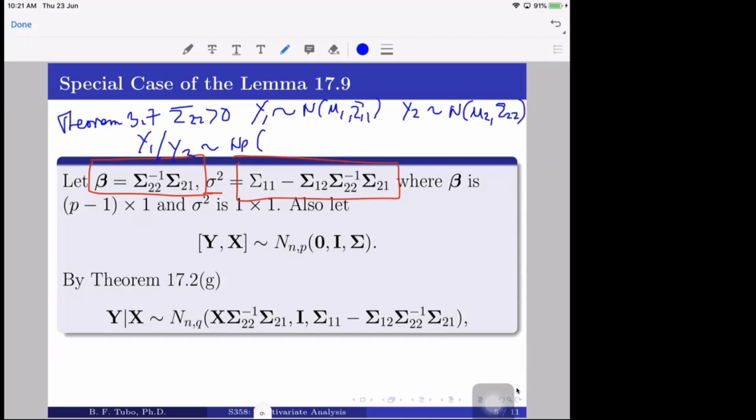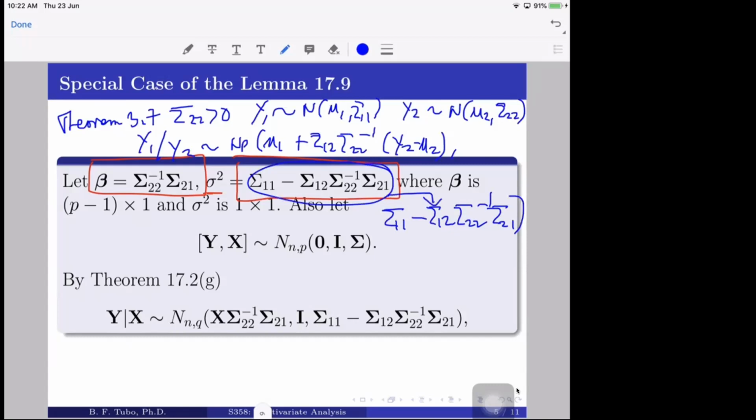And then the conditional distribution of y1 given y2 will be normal, mu1 plus sigma 12, sigma 22 inverse, and then y2 minus mu2. And then the variance is sigma 11 minus sigma 12, sigma 22 inverse, and sigma 21. So that is your variance. This is actually your variance. We denote it by sigma squared.